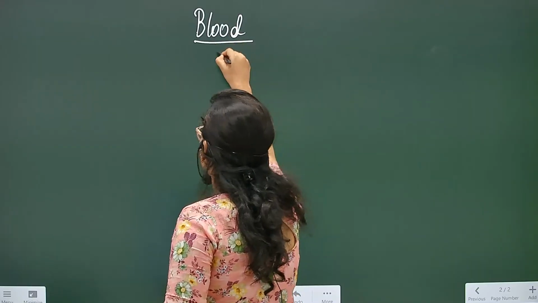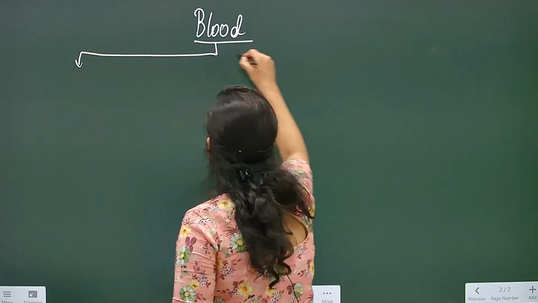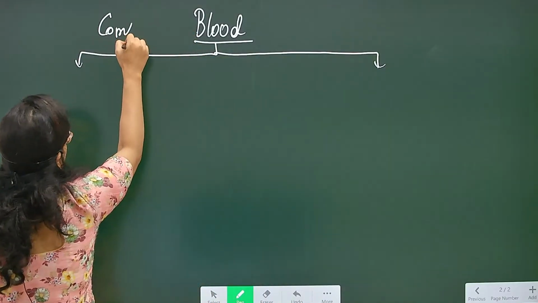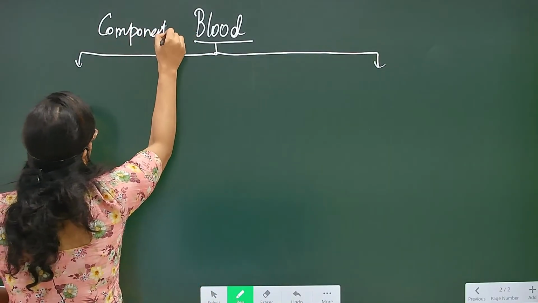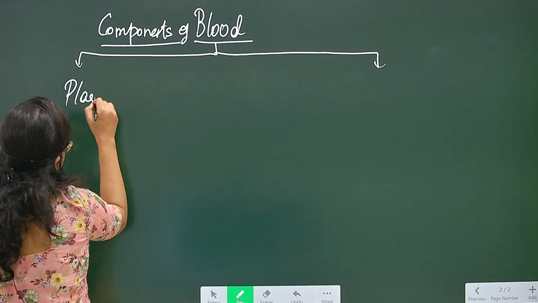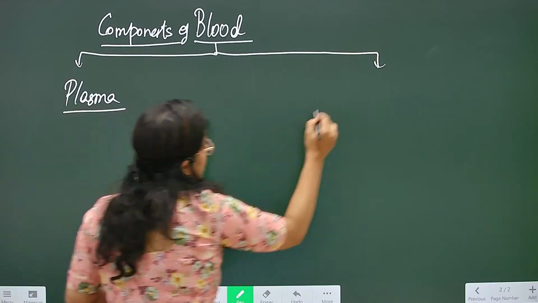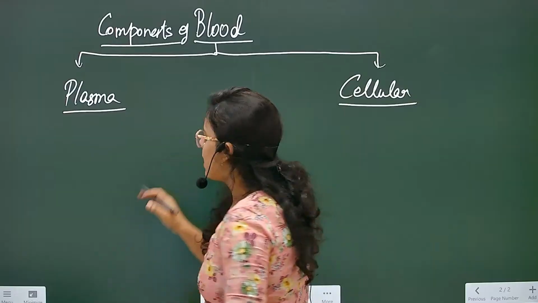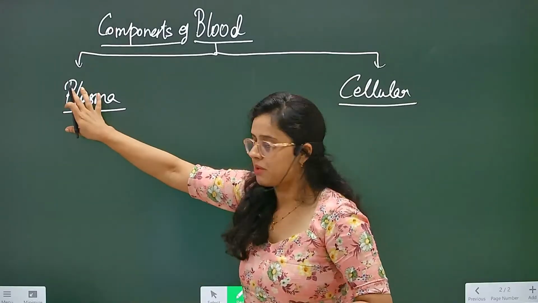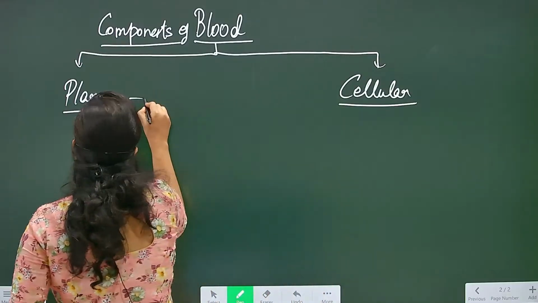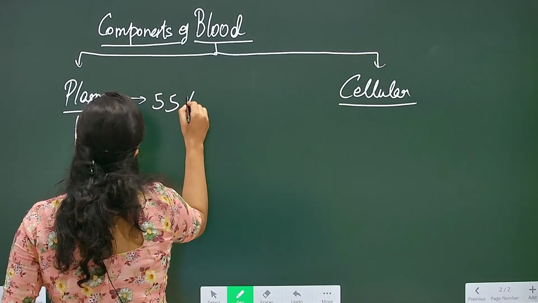The blood consists of two components. The heading will be components of blood: plasma and cellular component. The liquid part of the blood is called plasma. The plasma is 55% of the blood.